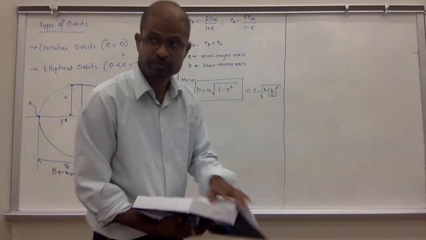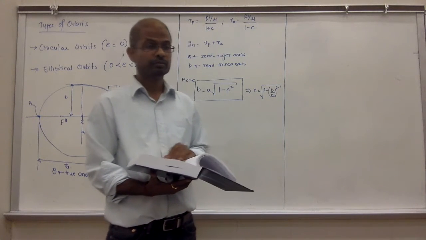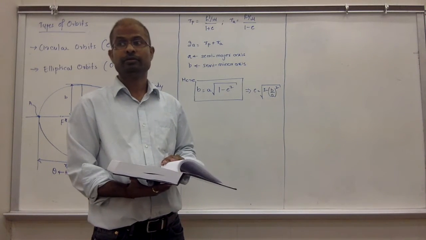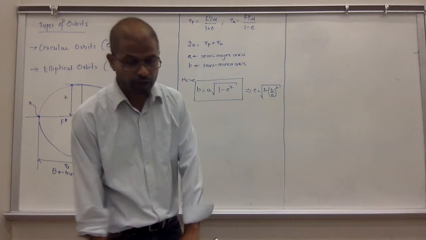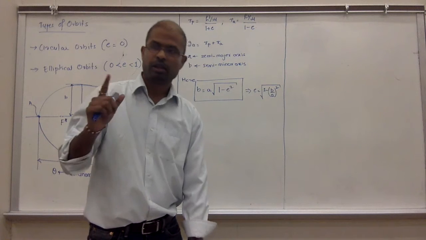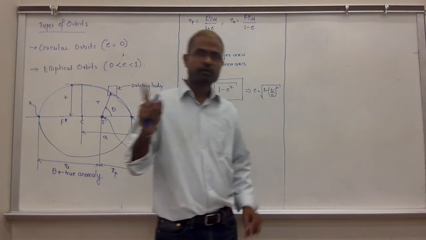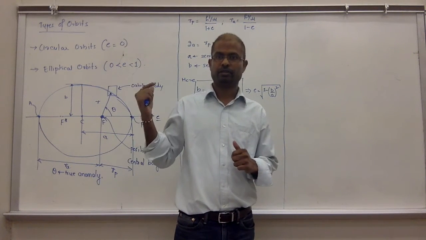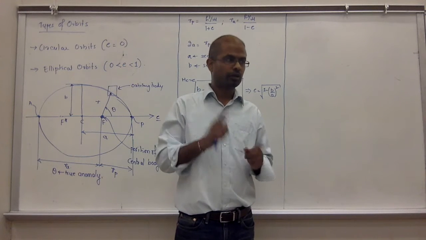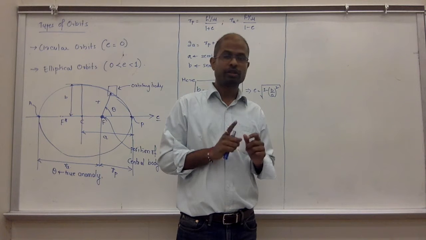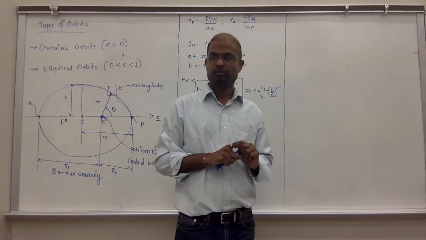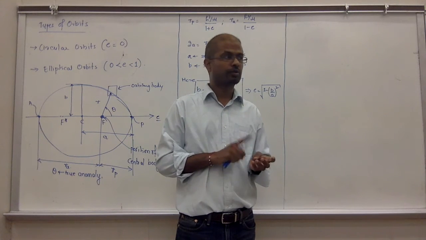Does it ever change over time? The orbiting bodies. See, that's what I want you to understand, and this is a very good question. I just said that, okay? When we are talking about Keplerian motion, what is the assumption? What are the three assumptions?